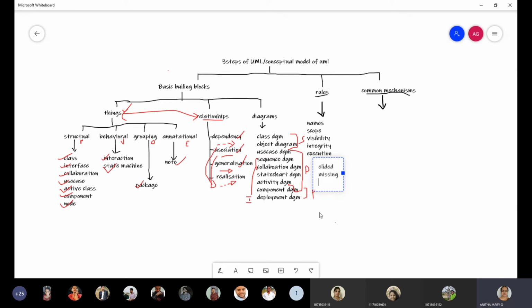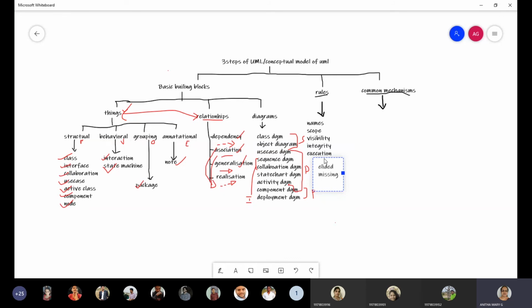The main advantage of using rules is that the rules of UML encourage addressing all the SDLC phases. What are the different SDLC phases? We have analysis, design, implementation, and all the other things until you test and give it to the end users.